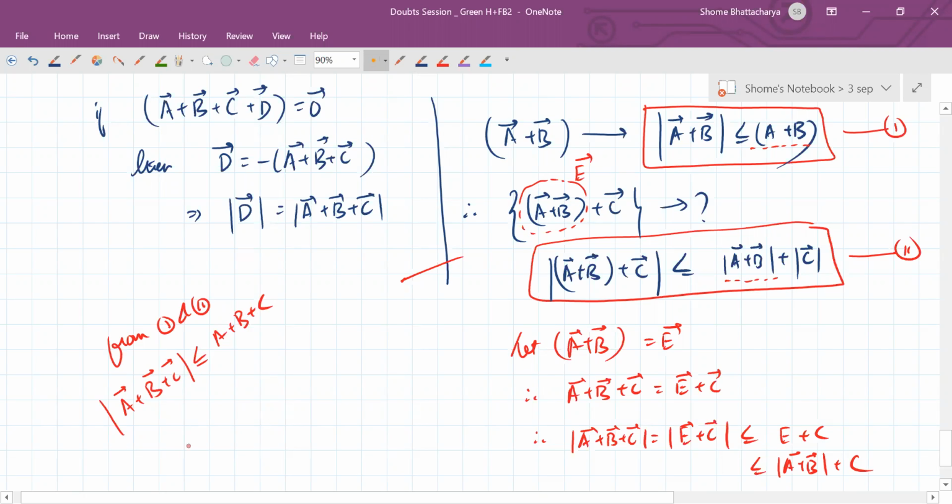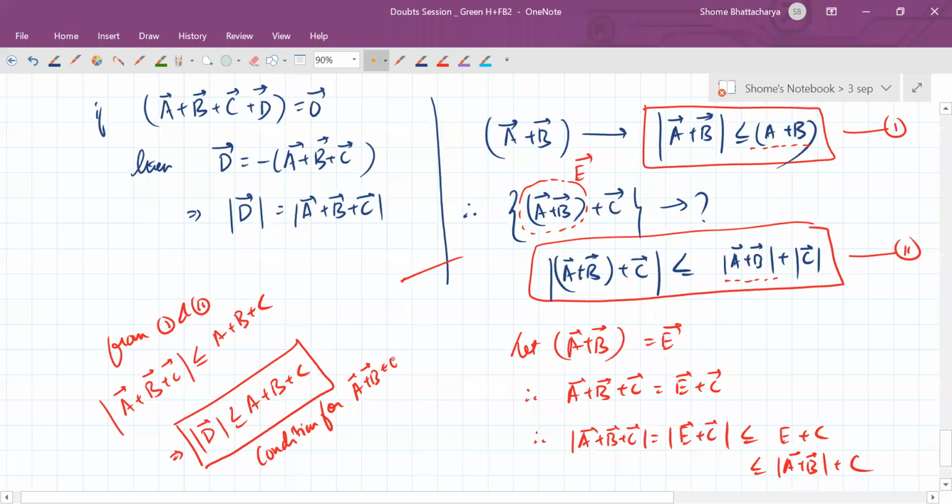Okay. So in other words, this is the condition for this.